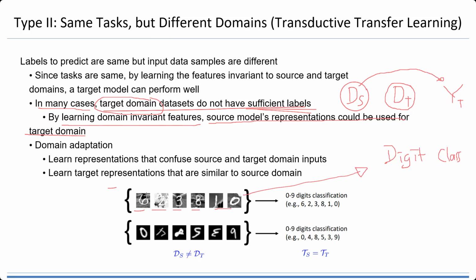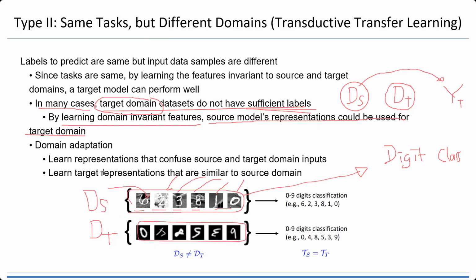You can see from here, this is 6, this is 2, this is 3, 8, 1, and 0. This is from a source, we call it DS. The data here is totally different from this data. So this is another domain, or another data set. We call it DT, domain T, or the target.